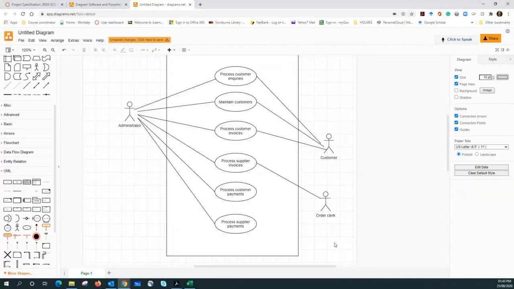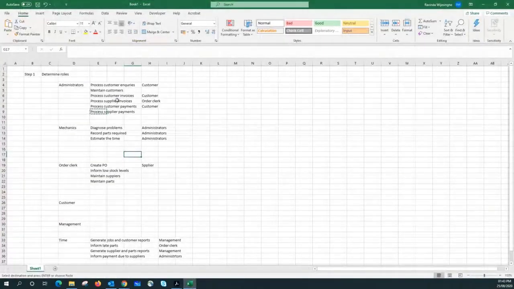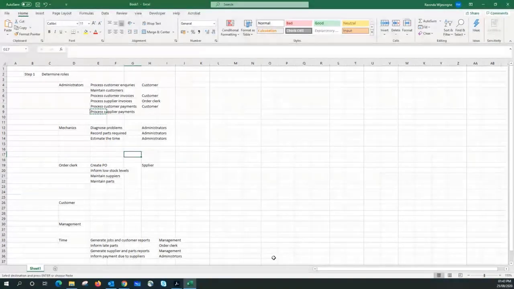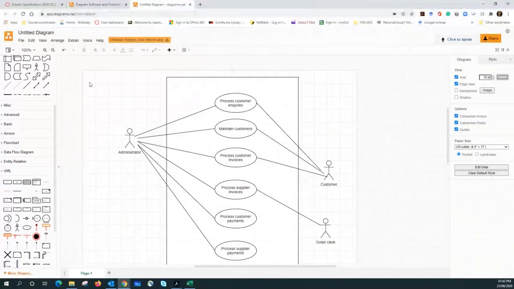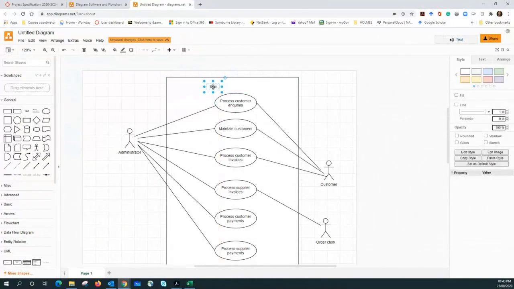Right, and then remember you need to write the subsystem name here. Let me name this one. We are giving a name for this car management system or something, right? So we can give a name for this subsystem. I just take the text box here.